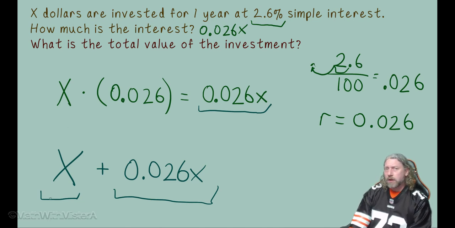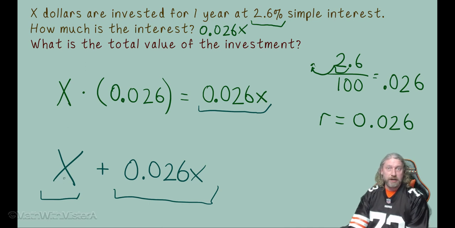So we think about combining like terms because both of these terms have the variable x, and the x doesn't have any exponents. And when we see that we have like terms, we want to combine these coefficients, add the coefficients. We want to add this positive 0.026 to the coefficient right here with x.